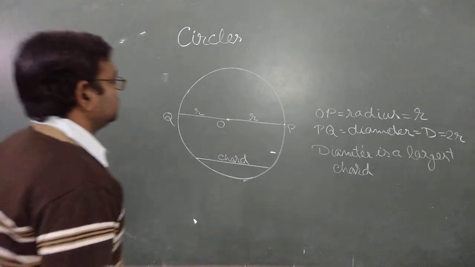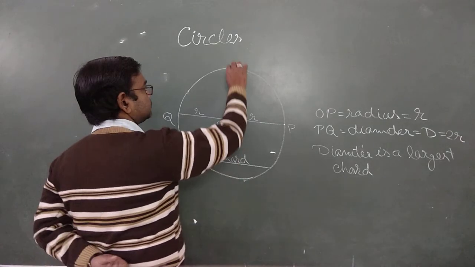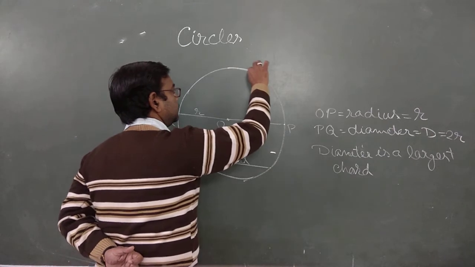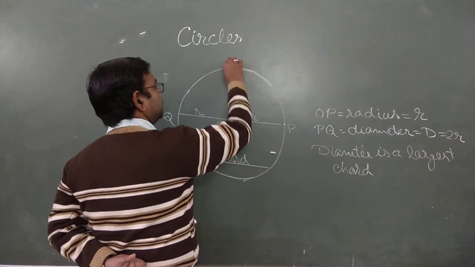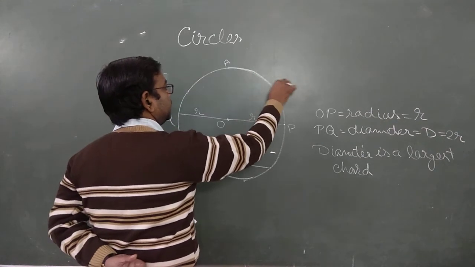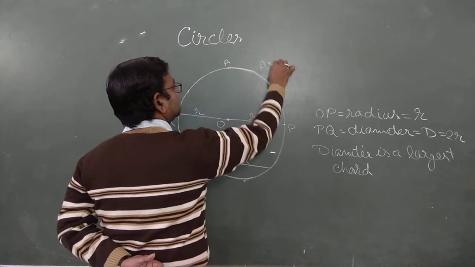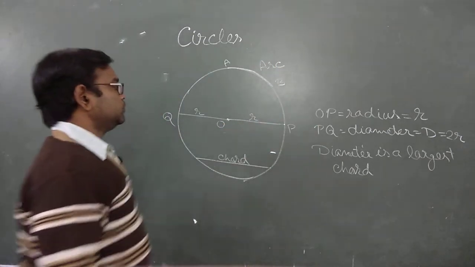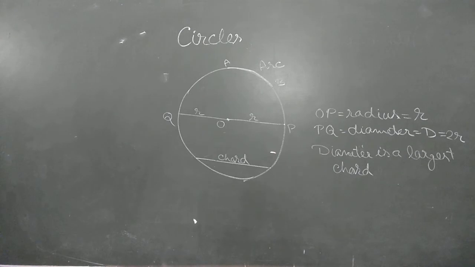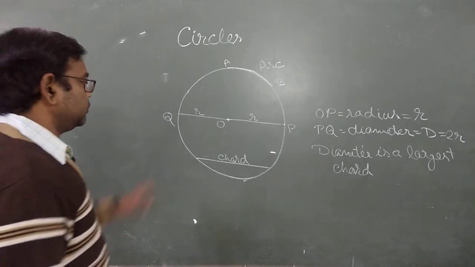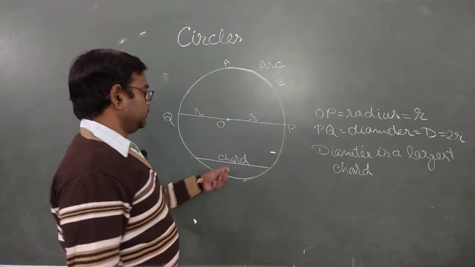Now there is an arc on the circumference. The part of the circumference bounded by two points is known as an arc. Clear? This one is your arc. Now come to the chord.